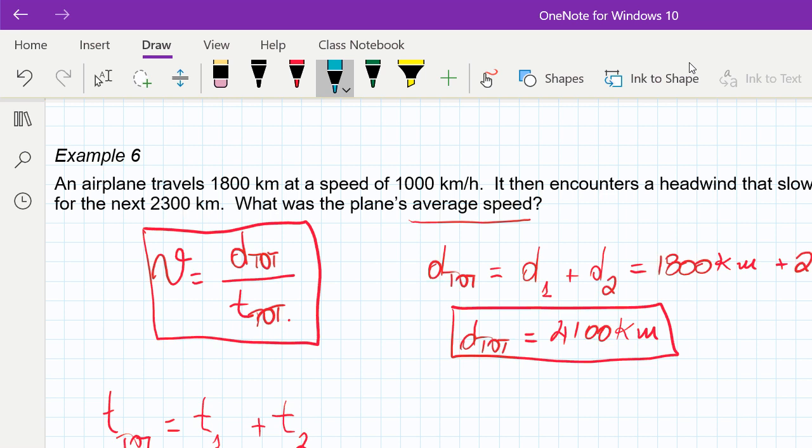So the second part of the motion will be the same formula, but with the index 2. The distance 2 over speed for the second part of the motion. The distance for the second part is 2,300 kilometers over 850 kilometers per hour.